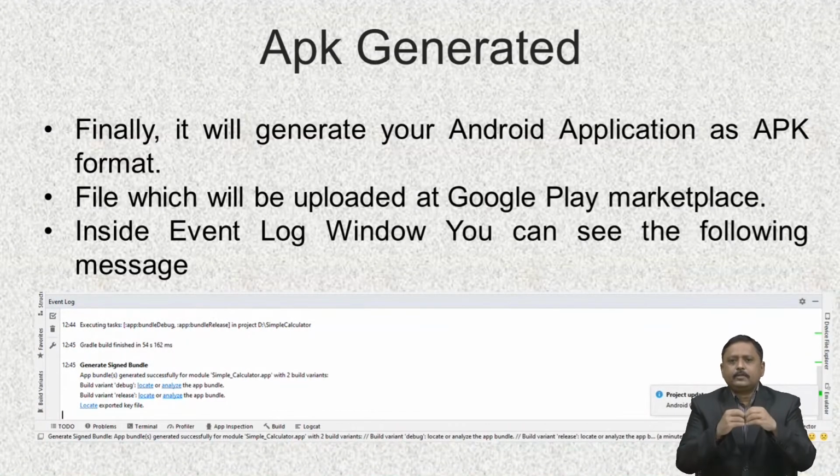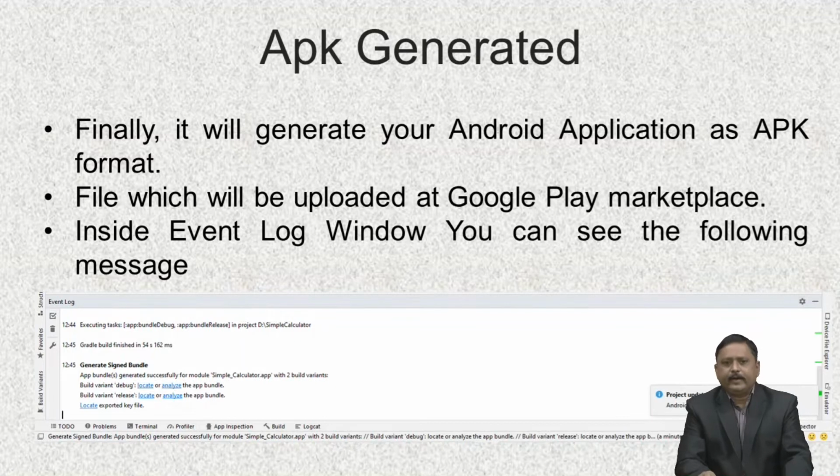So once you click on finish, at the bottom of Android Studio, inside the event log window, you will see that the app bundle was generated successfully, and you can locate its path by clicking on locate, build variant or release variant.